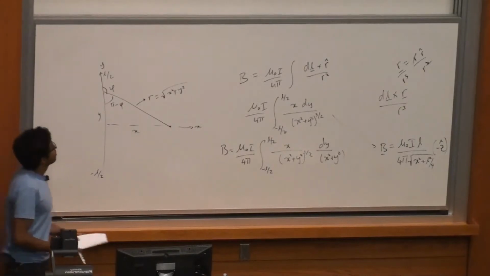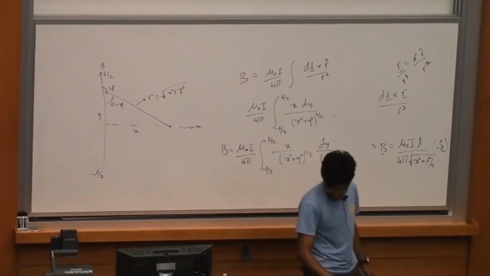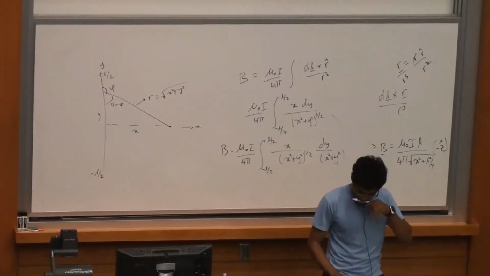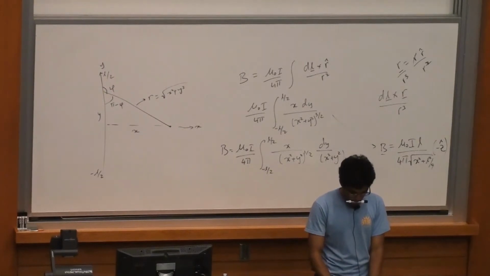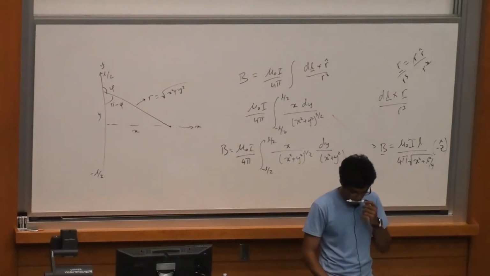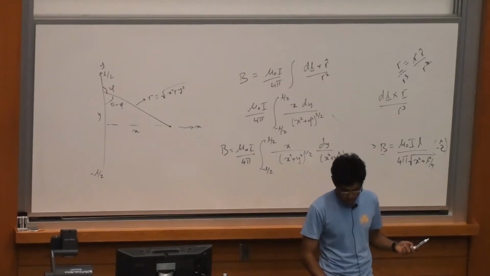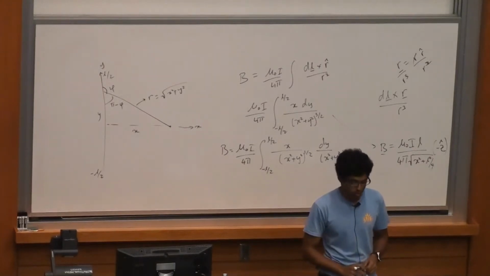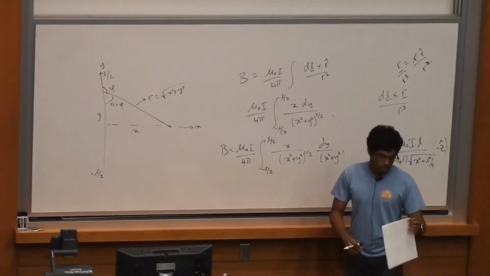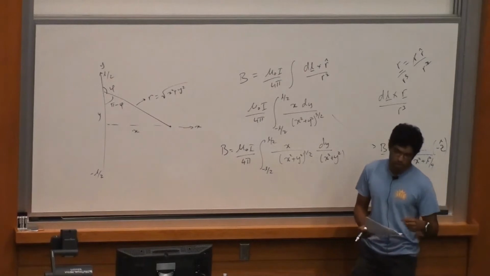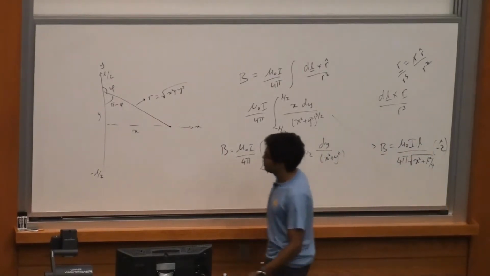Now, second part of this: find the magnitude of B at a distance r if L is much larger than r. So basically the approximation you're taking is that the wire is almost infinitely long.